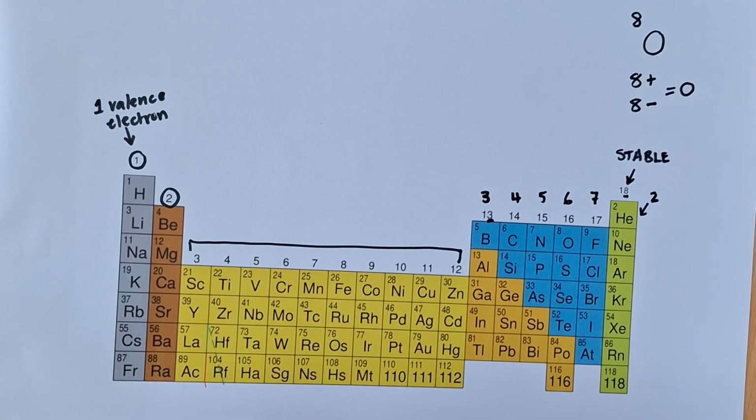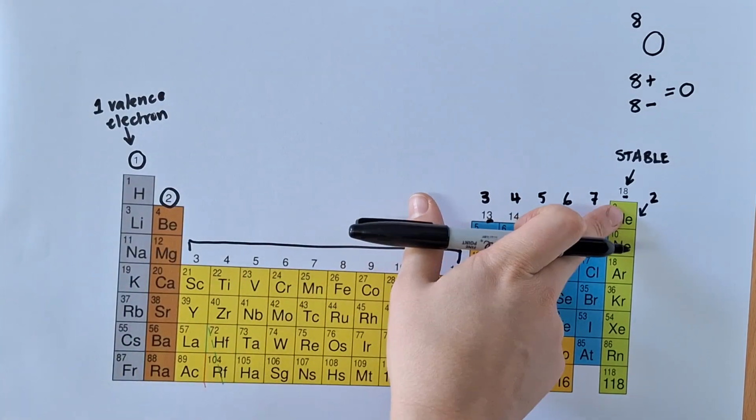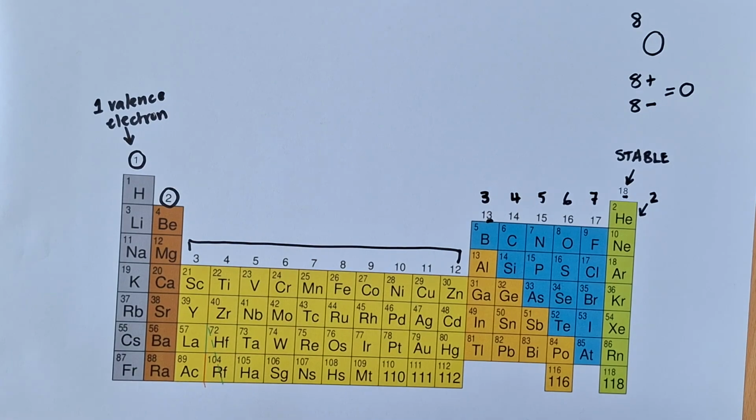So, the reason we're talking about number of valence electrons is because in order for an element to be stable, it must have a full outer shell. That means it must have 8 electrons in its final shell, with the exception of hydrogen and helium, which only need 2.